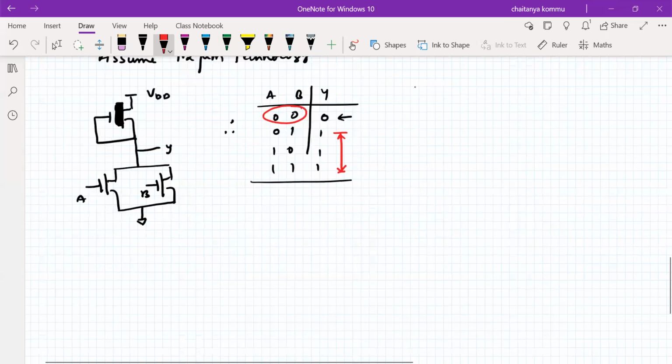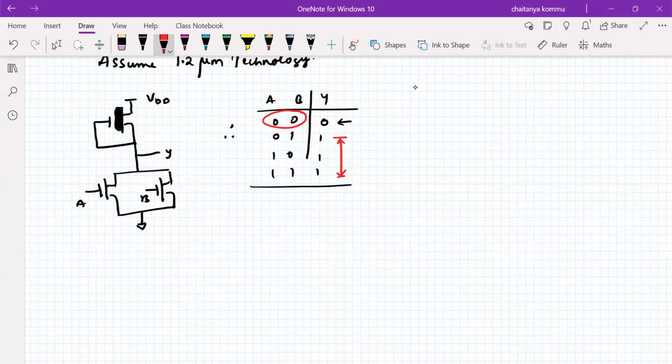For example, if here is 0 and this is 1, we take this condition. Then this becomes on, and this also becomes on, so the on resistance is possible here. Otherwise, if it is 1 and 0, this becomes off, but this becomes on.